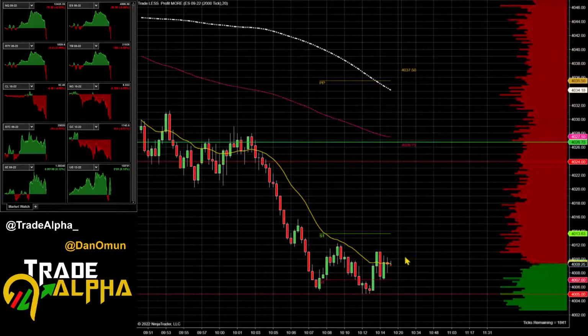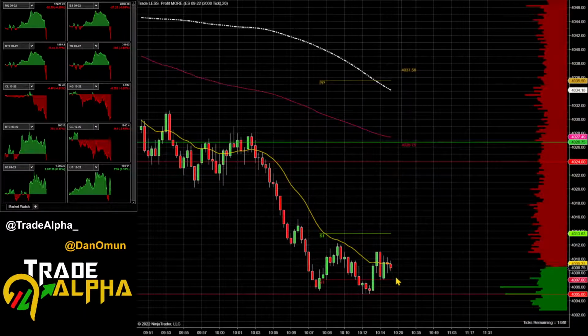Certain exceptions could potentially include an extreme high volume bull bar. Some of you that have been watching the market throughout the past few days may recall, even yesterday, there was a downtrend and then a massive bull candle that broke out of the downtrend.